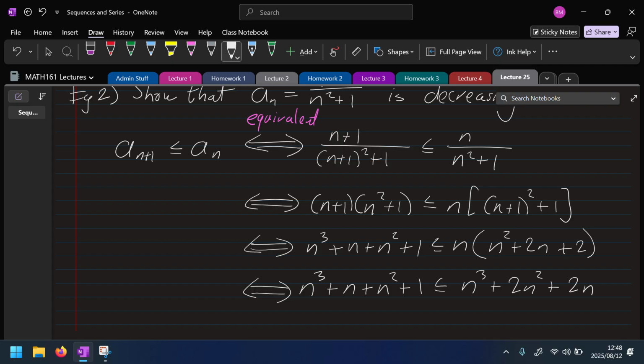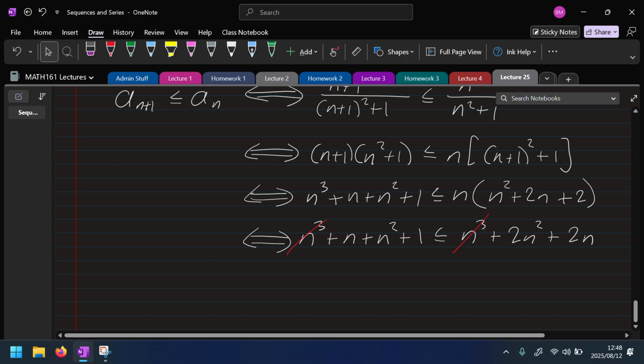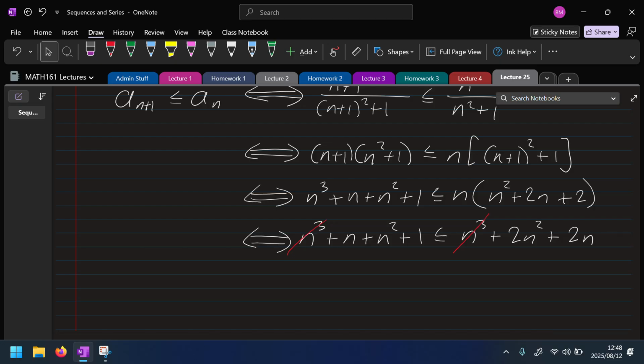We've got n cubed on both sides, that can cancel. And then we've got 2n squared on the one side, n squared on the other side, we can cancel one of those. 2n on the one side, n on the other, we can cancel those. So we end up with 1 is less than or equal to n squared plus n.